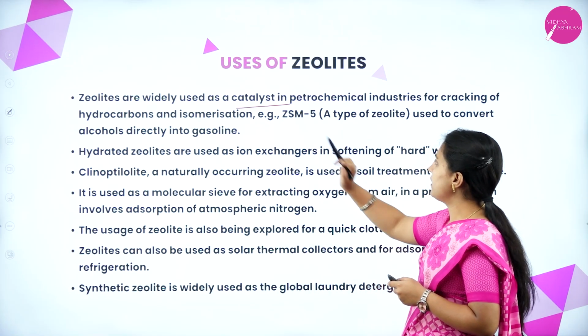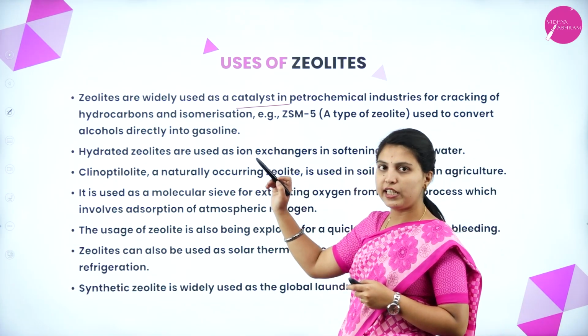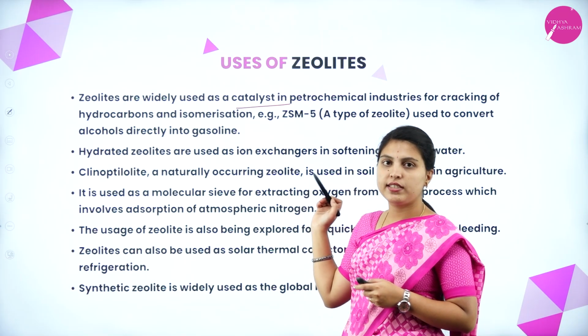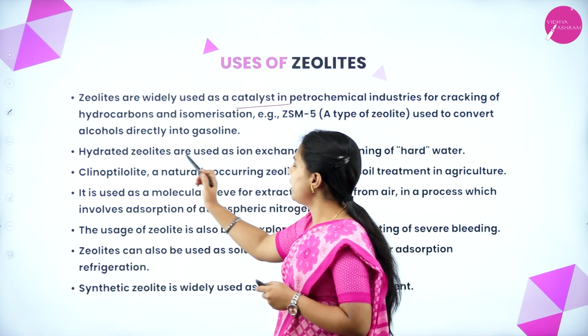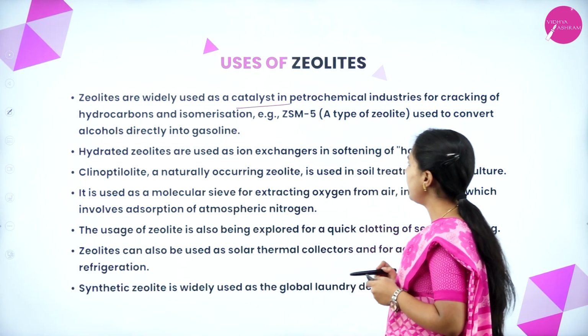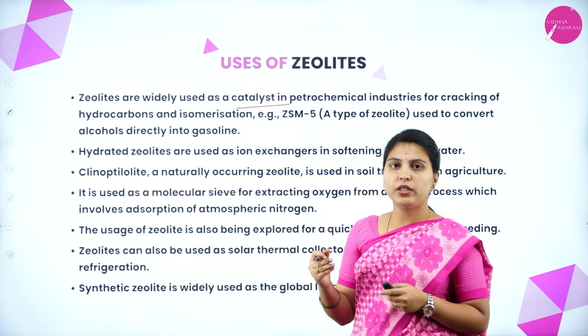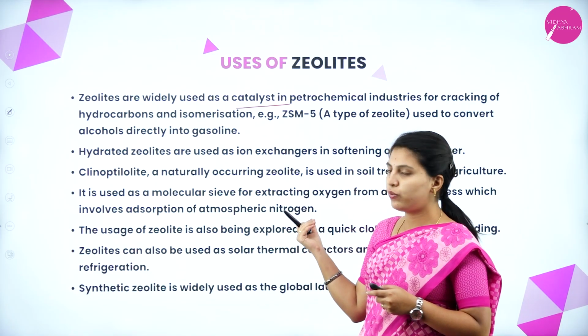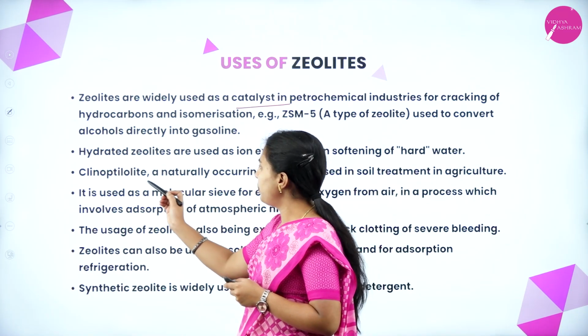See here, ZSM5, a type of zeolite, is used to convert alcohols directly into gasoline, which is a petrochemical product. Hydrated zeolites are used as ion exchangers in softening of hard water. In water purifiers, zeolites are present for ion exchange.